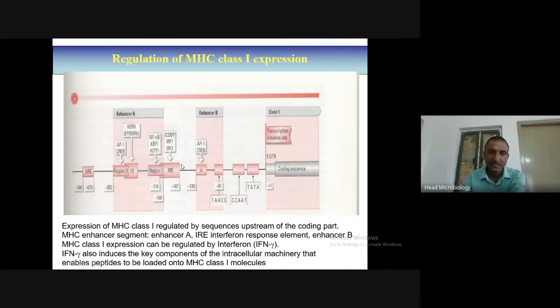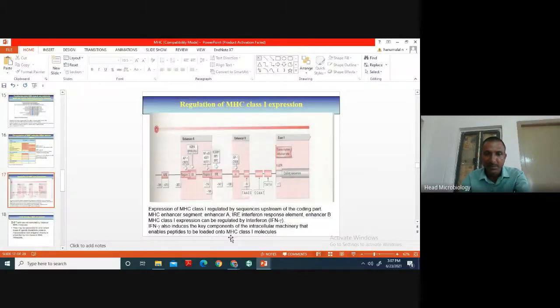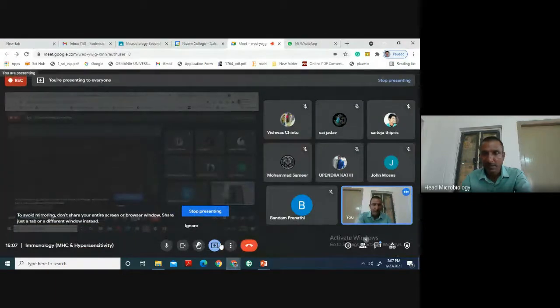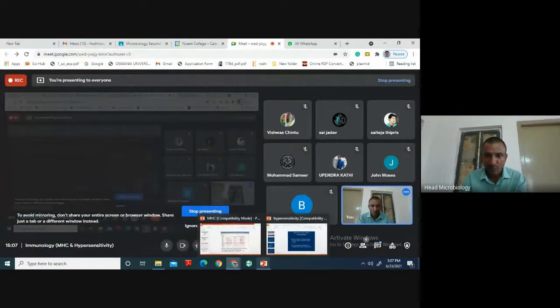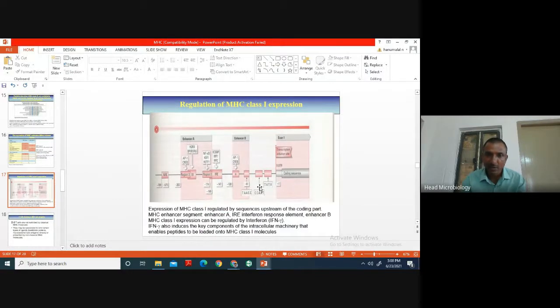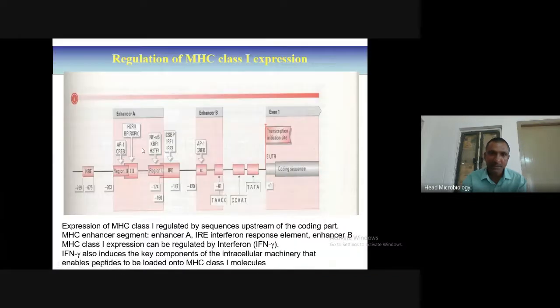Here is the regulation of expression of the MHC complex 1, how the regulatory sequences are expressed in our immune system. There are different MHC 1 complex regulators, by the sequence and upstream coding parts.